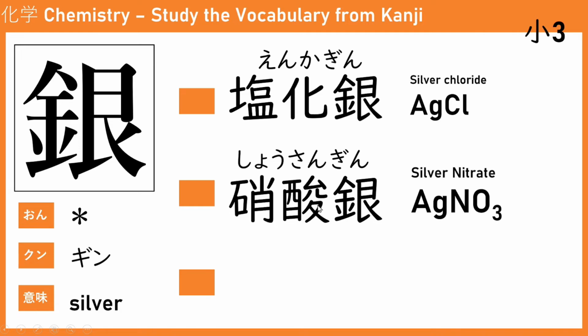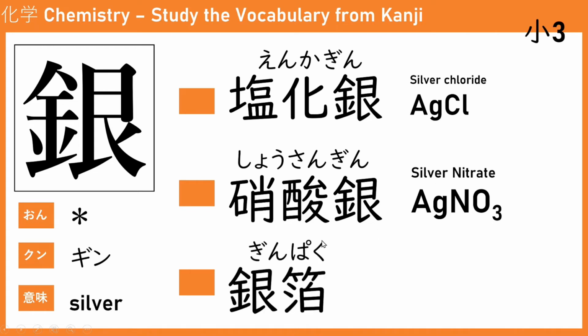So shosan gin represents silver nitrate, or AgNO3. The next one is ginpaku. Gin is silver, and paku is the leaf, the piece that covers something.